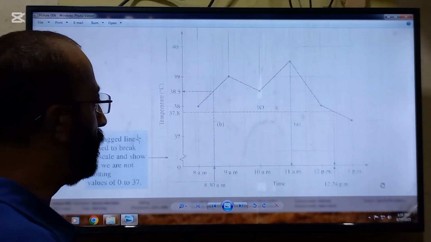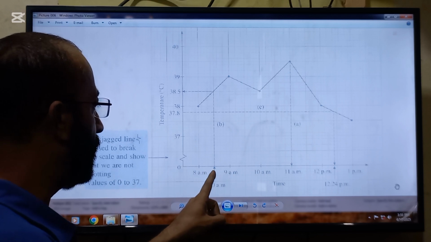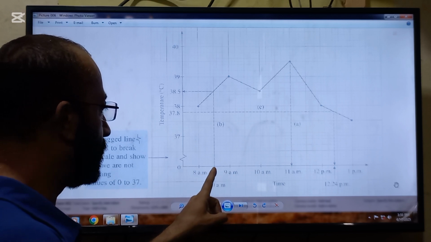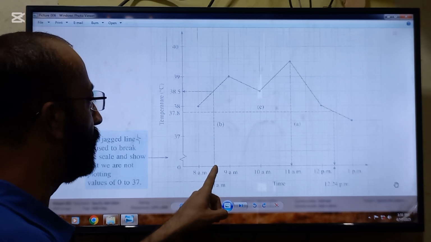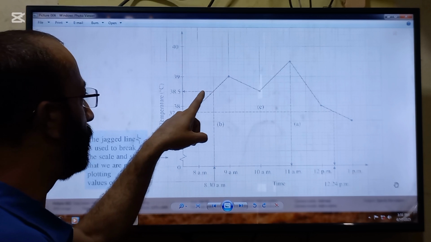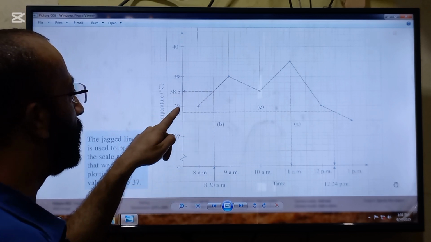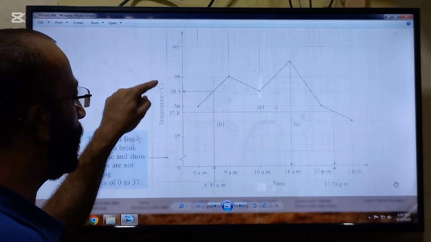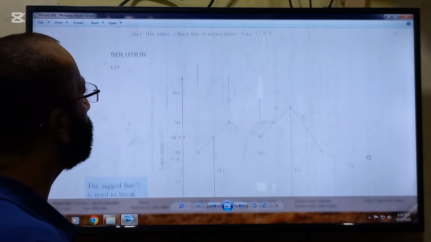First we will locate 8:30, which is between 8 and 9, exactly at the center of these two points. We draw a line with the help of a scale touching the graph, and from there to the temperature axis, that is 38.5, because this is 38, this is 39, and exactly between is 38.5.